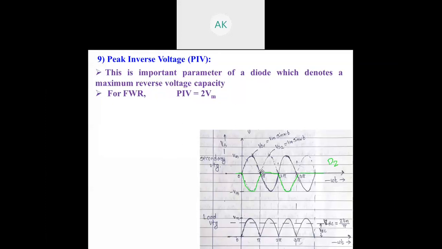So the waveform will be like this way, it appears, then again it does not appear. So this is the waveform at diode D1, the voltage across the D1 diode.